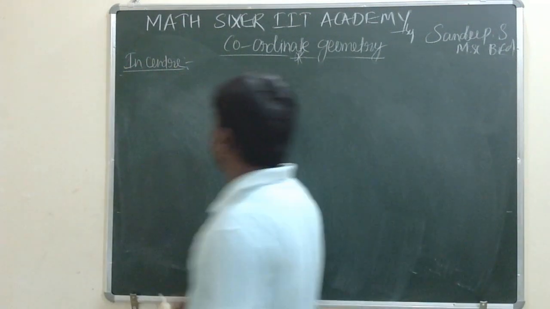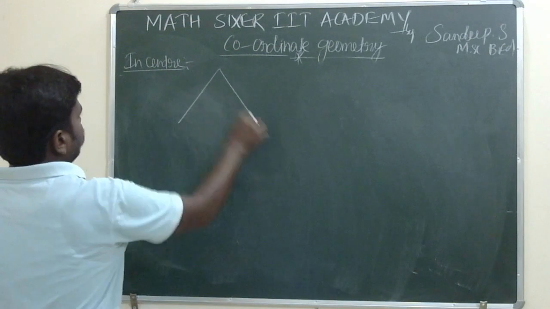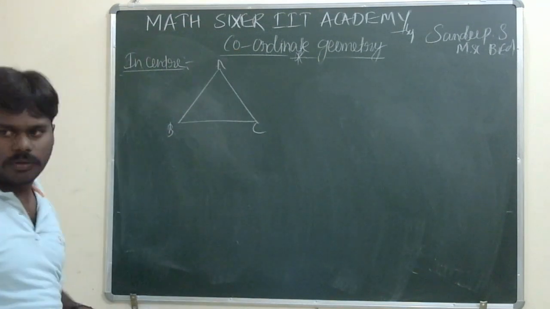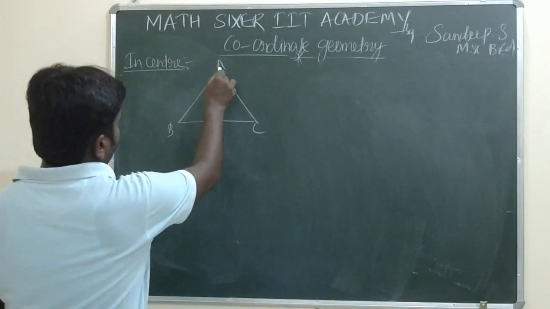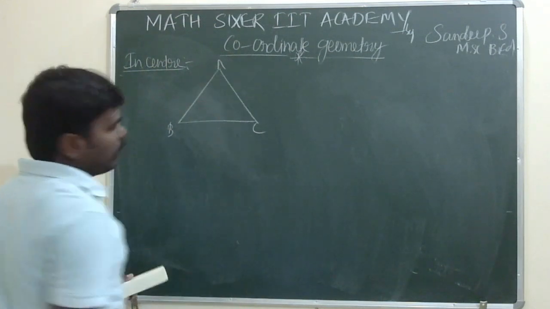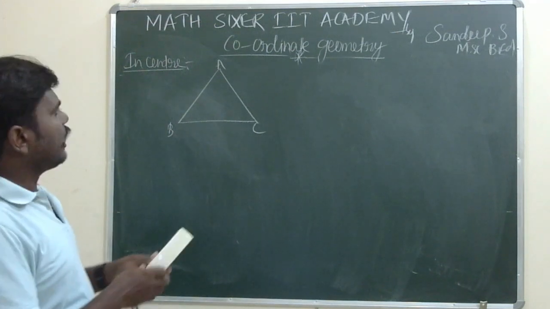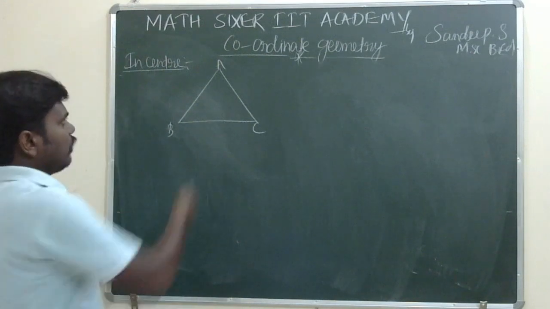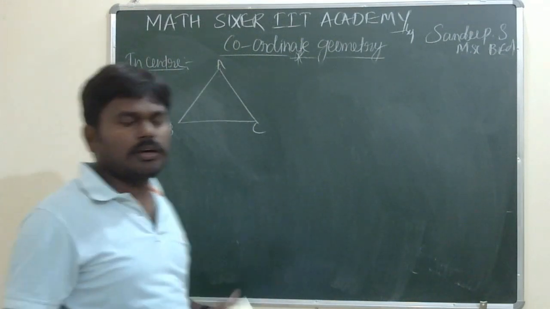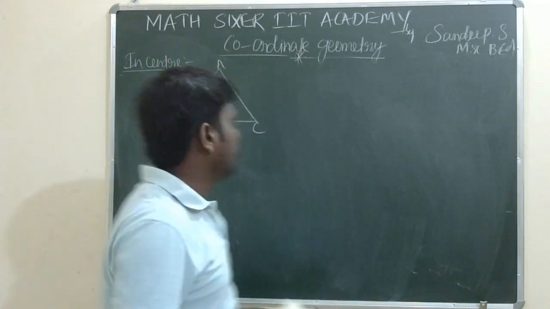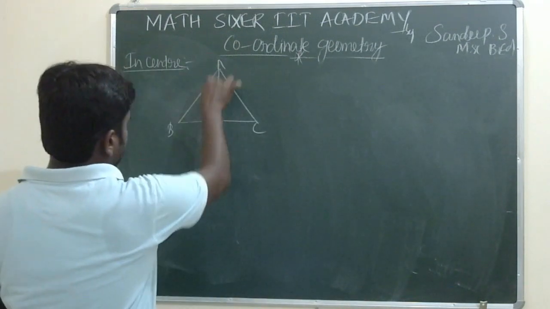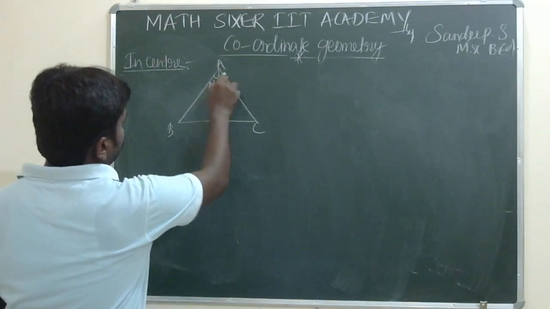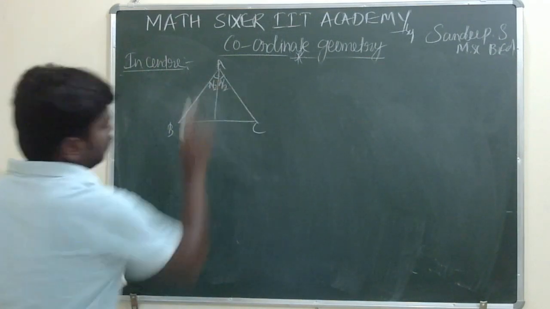So here I am taking a triangle ABC. An internal angle bisector is a line segment which divides the angle into two equal parts; since we are bisecting the internal angle, we call it the internal angle bisector. The total angle is A and we are bisecting it, so this is A by 2 and this is also A by 2.